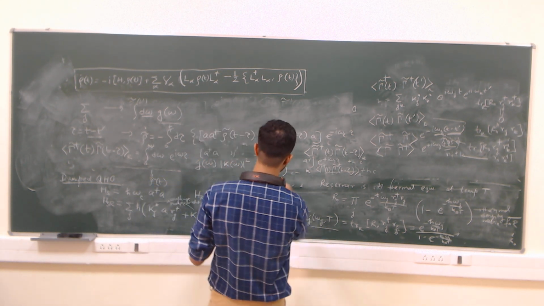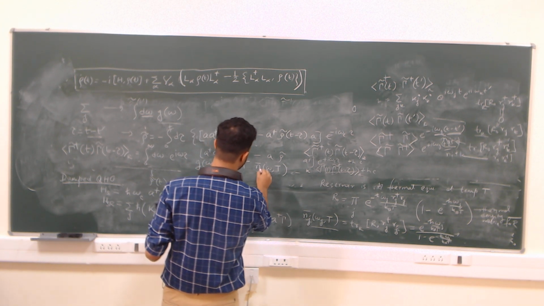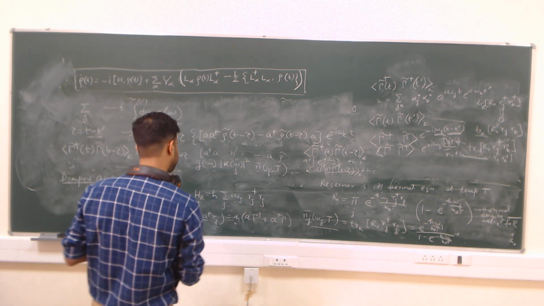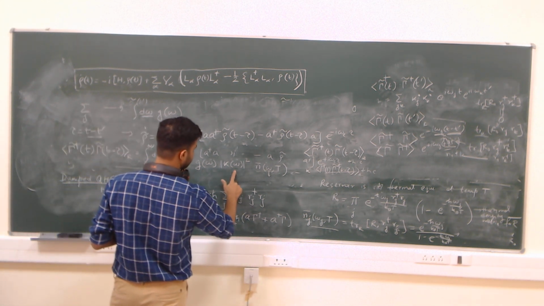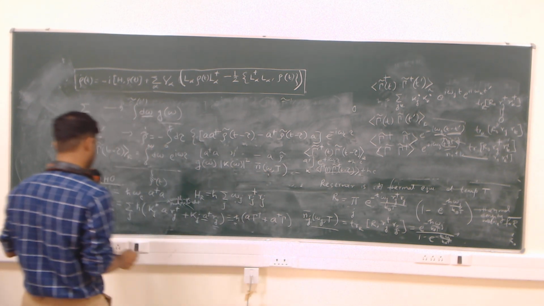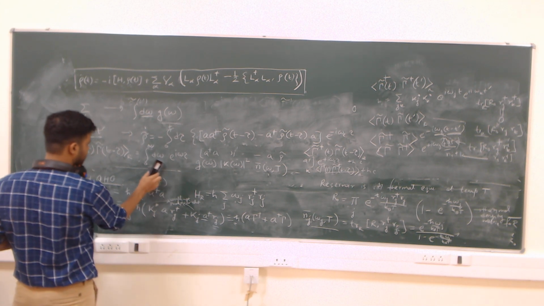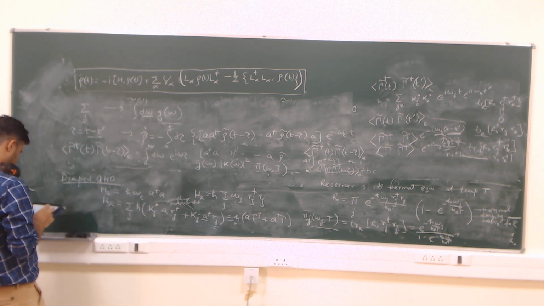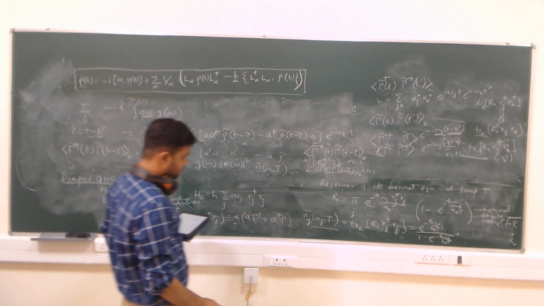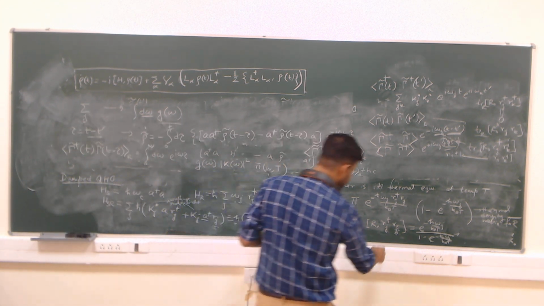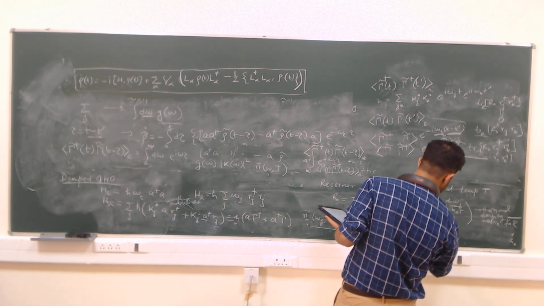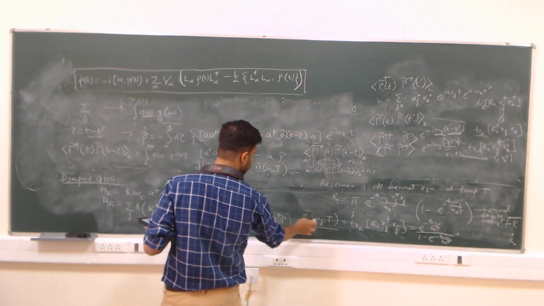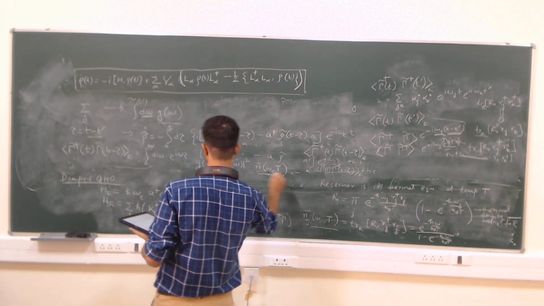Wherever I had n j's, I have replaced the j terms, I have gotten rid of, and I have introduced the omega variable. This is the expression of rho bar that I got.